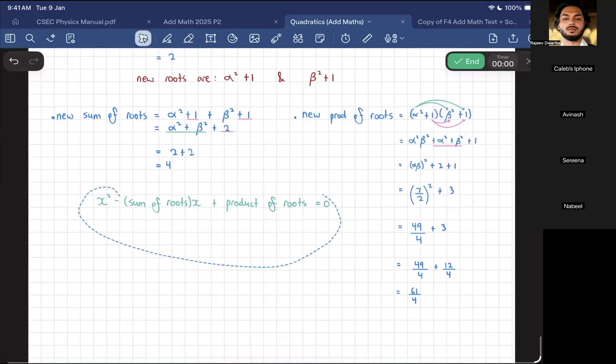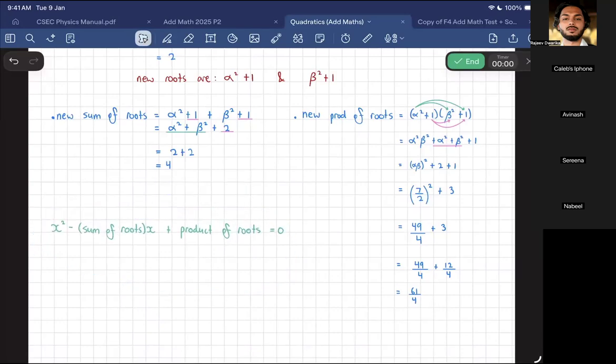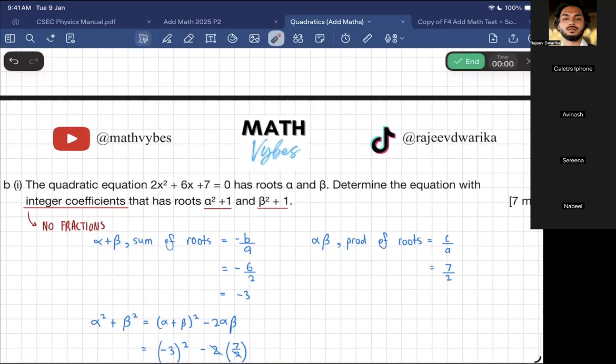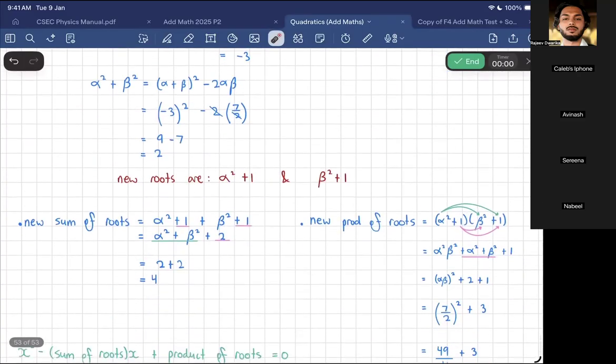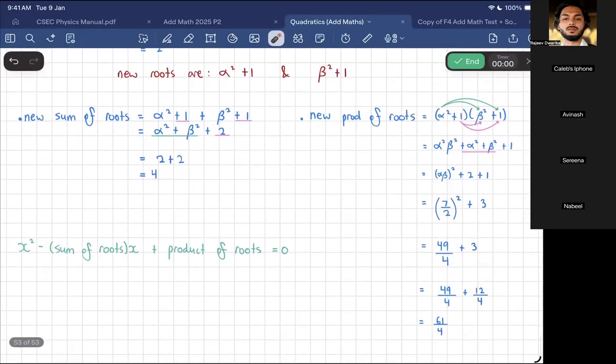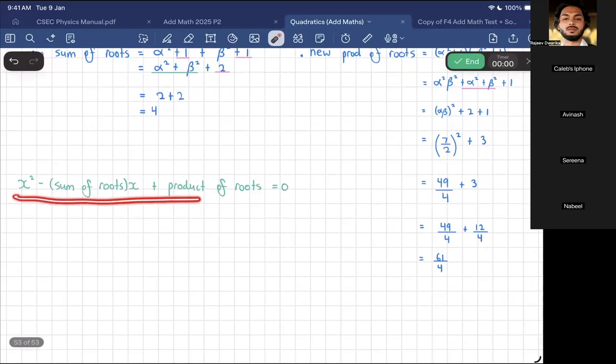So Nabil, if you're confused, look at what the question said. The question said, determine the equation with integer coefficients which has new roots. So we figured out the sum of the new roots, and we figured out the new product of the roots. And to form the equation, I'm going to use this: x squared minus sum of roots times x plus the product of the roots.